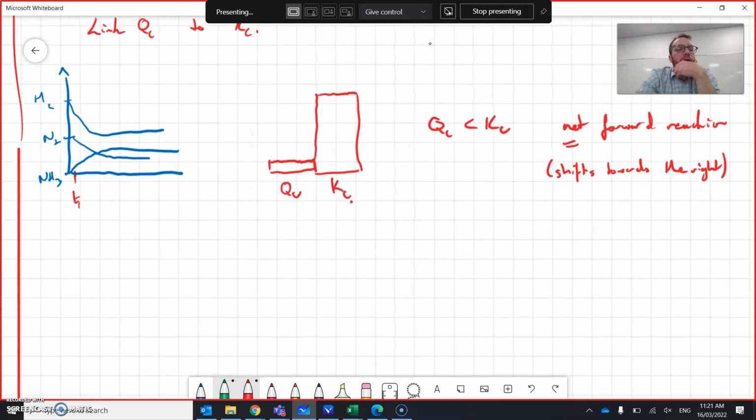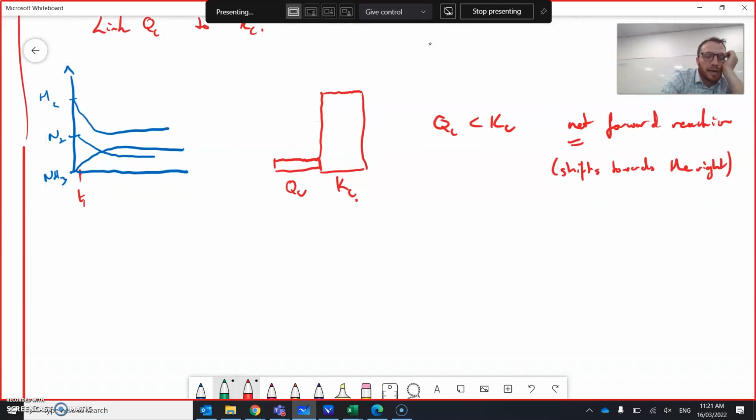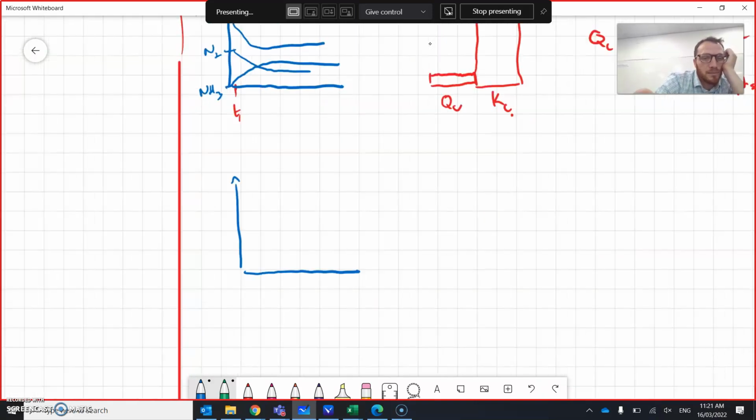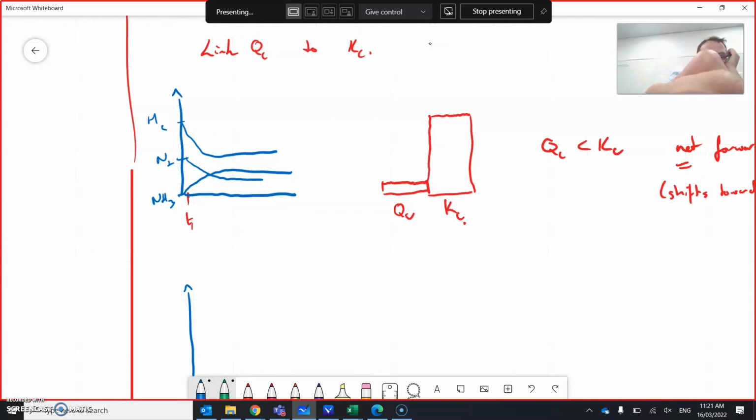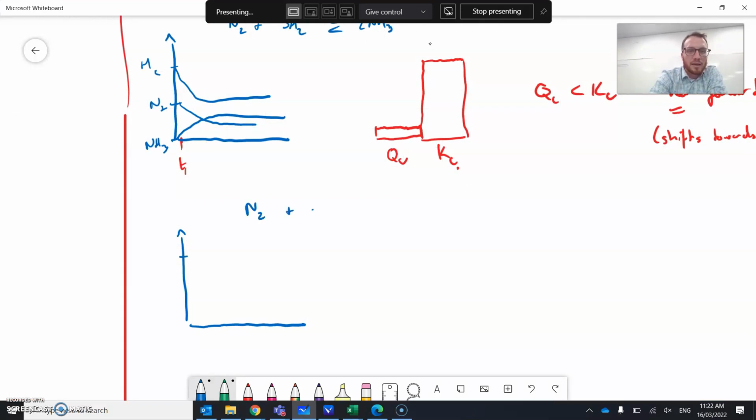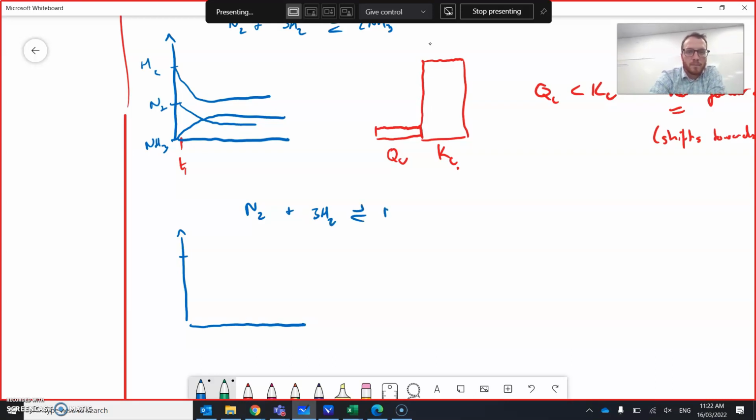Let's have another scenario in which I had a vessel in which I started with ammonia. So for that same reaction, N2 plus 3H2 goes to give 2NH3, starting with no NH3 and some N2 and H2, the reaction shifts forward. If I only start with NH3 but still represent the reaction the same, what's going to happen?